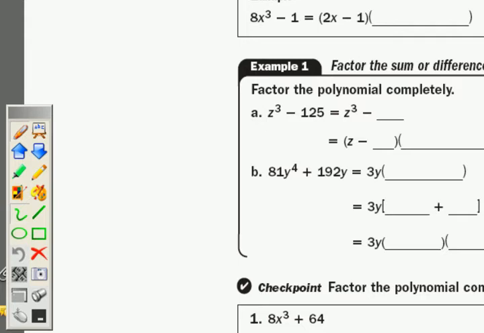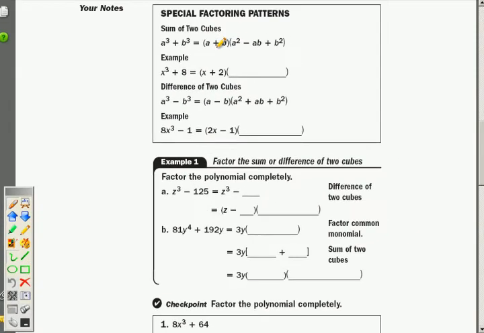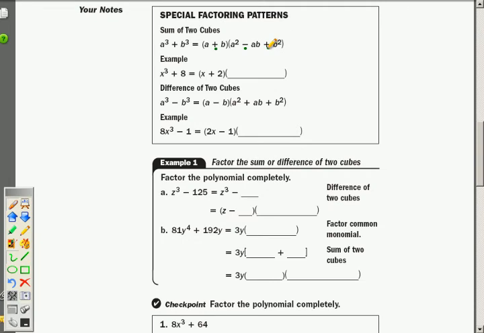And I'm not a guy for memorization, but it is memorizing this whole format. The format for the sum and the difference of 2 cubes is exactly the same, except notice it's plus, minus, plus, and this one's minus, plus, plus. That's the part that you have to really think about. So what I'm looking at here, x cubed plus 8 is really x cubed plus 2 cubed.